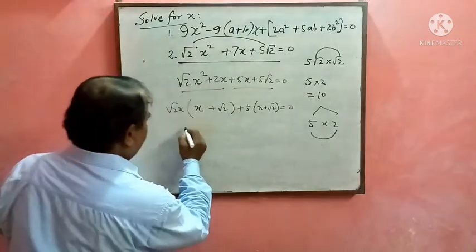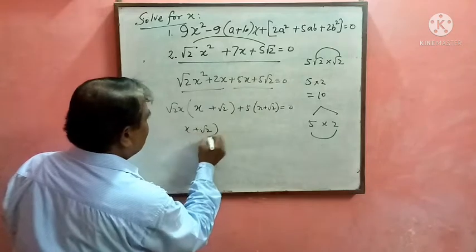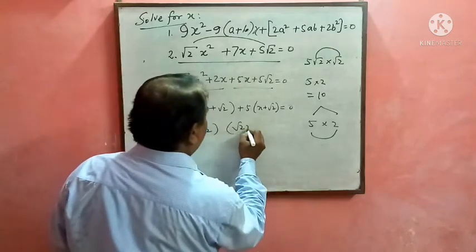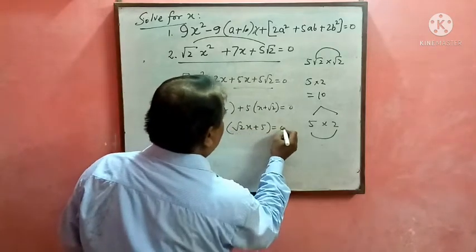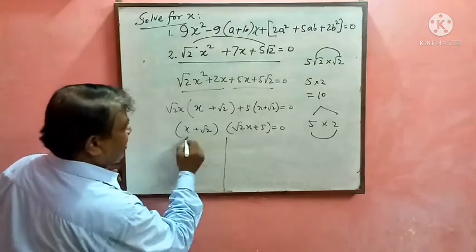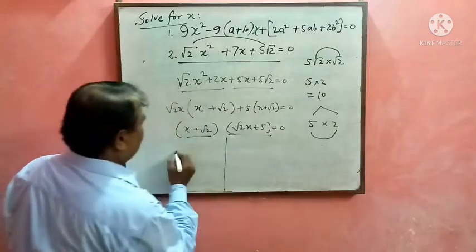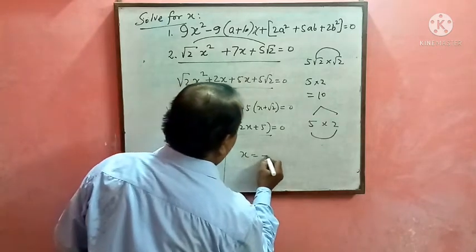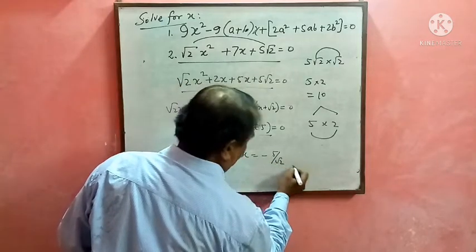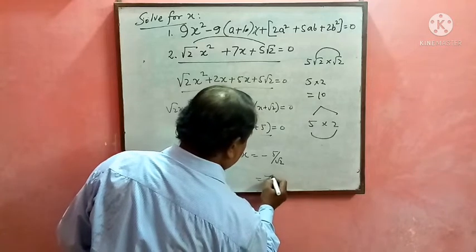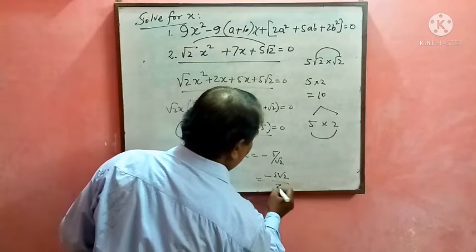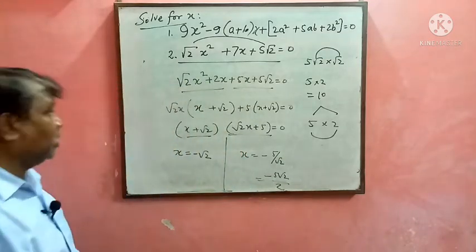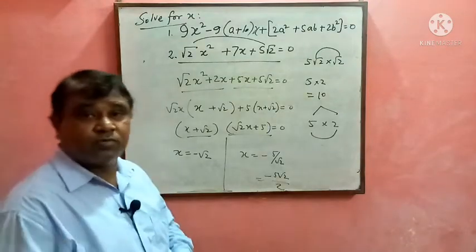Okay, now x plus root 2 and this is root 2 x plus 5 is equal to 0. Again we have either this part is 0 or this part is 0. So x is equal to minus root 2. This will give me x is equal to minus 5 upon root 2. We don't keep it there. So this you may write 5 root 2 upon 2 by rationalizing with the root 2. This is all about these two problems.